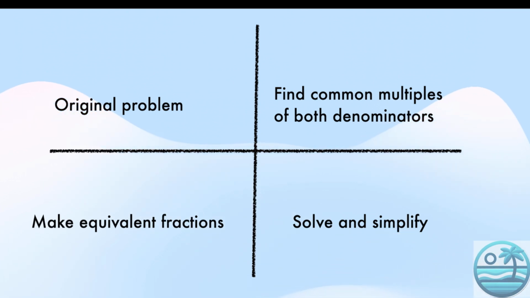In the first quadrant, the top left, I write my original problem. In the second quadrant, I find common multiples of both denominators. I use the third quadrant to make equivalent fractions, and then the fourth quadrant to solve and simplify my new equation.